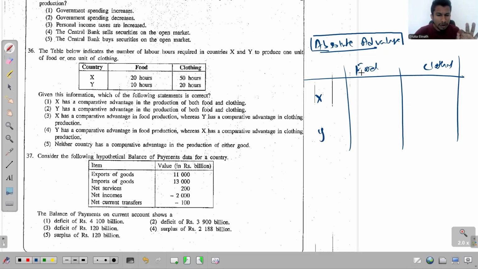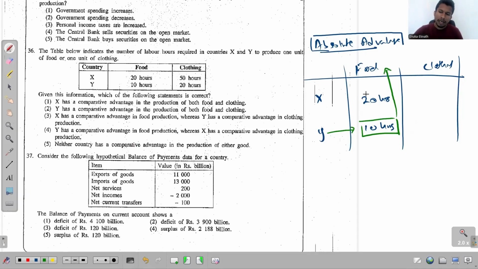To produce food, the country X uses 20 labor hours, but to produce the same output food, the country Y uses only 10 hours of labor. So their productivity is very high, so this is the country which has absolute advantage for producing food. Right? Country Y has the absolute advantage in producing food.